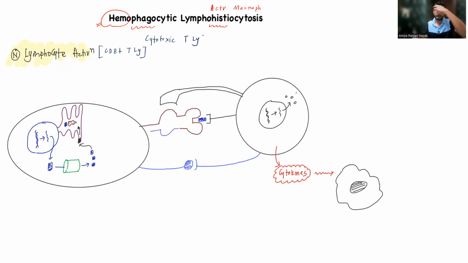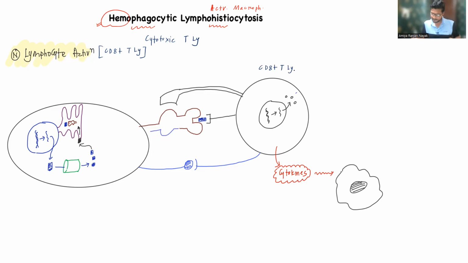First of all, we'll try to understand how the CD8 plus T lymphocyte, or the cytotoxic T lymphocyte, is activated. If you see here, this is the CD8 plus T lymphocyte. First thing you need to understand is that this CD8 plus cell can only be activated if it recognizes an antigen which is presented by an MHC class 1 molecule.